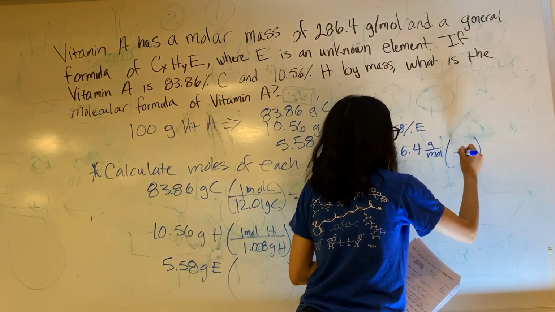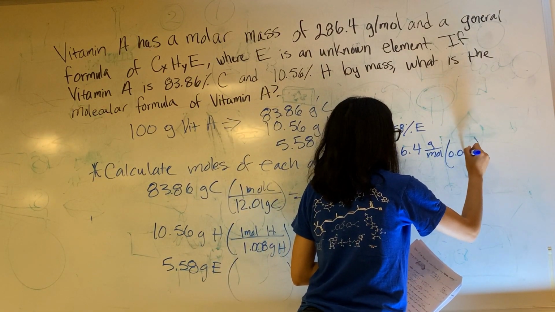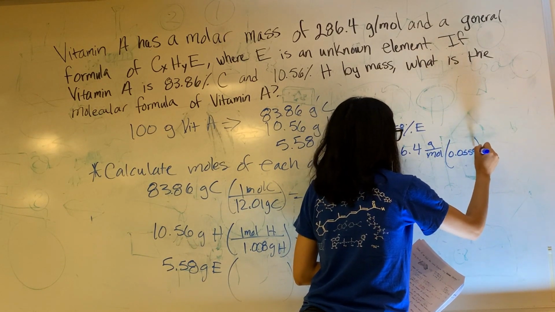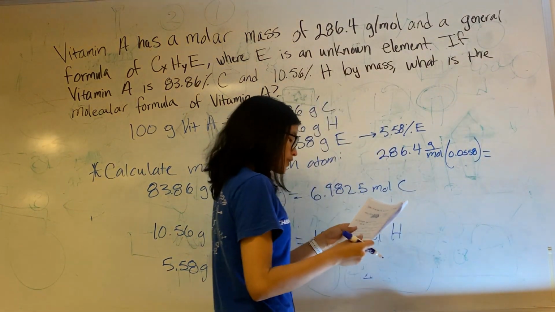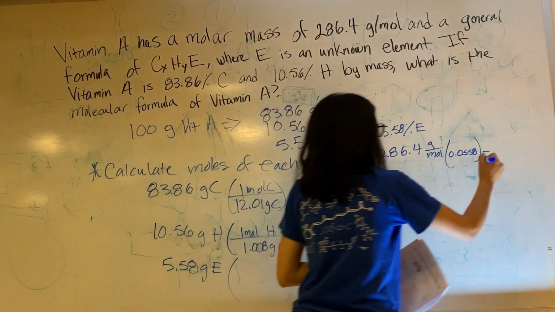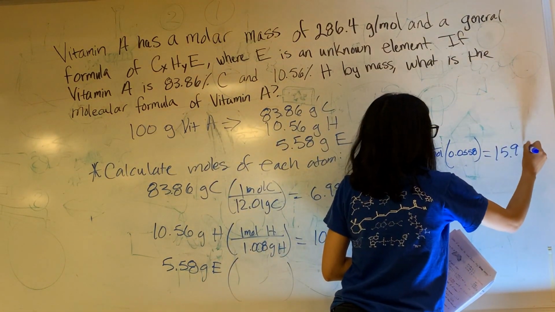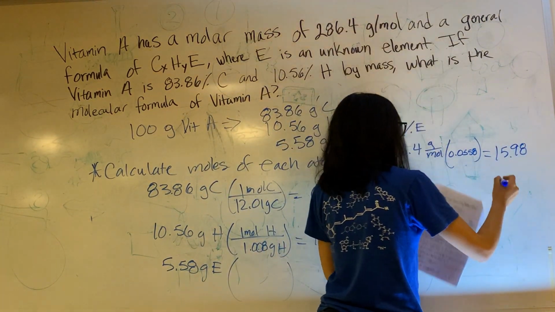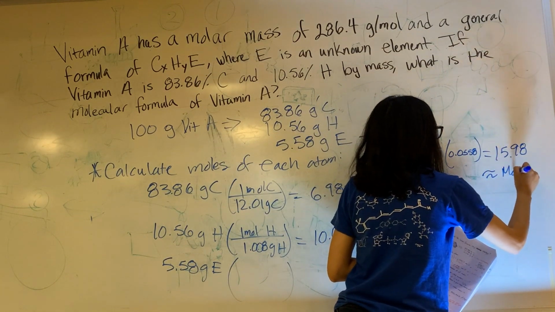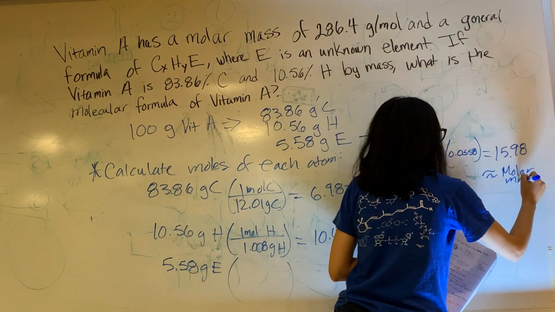So we'd multiply by the decimal version of 5.58%, and what we'd end up with is 15.98. Wow, that looks familiar. That looks like the molar mass of oxygen.